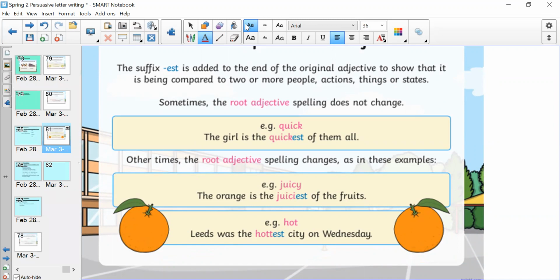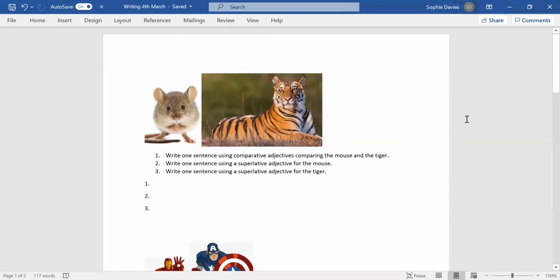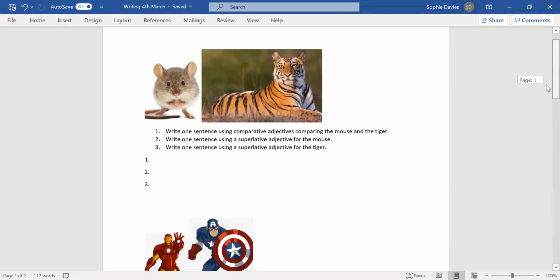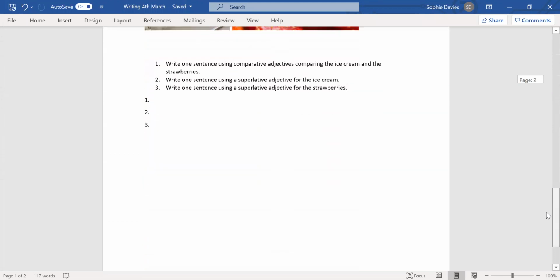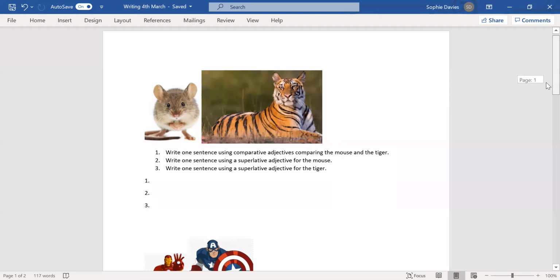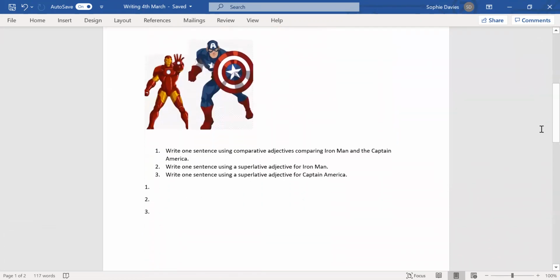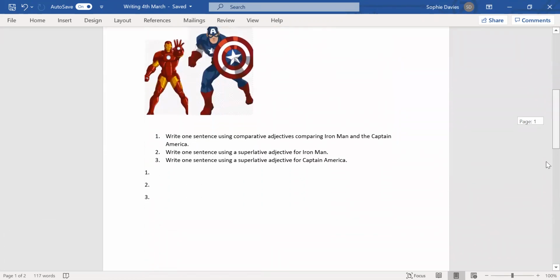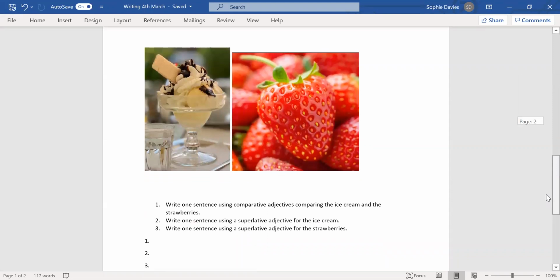So for your task today, let me see if I can share my screen. Okay, so you only have to pick one. You have got the mouse and the tiger to choose from, Iron Man and Captain America, or ice cream and strawberries.